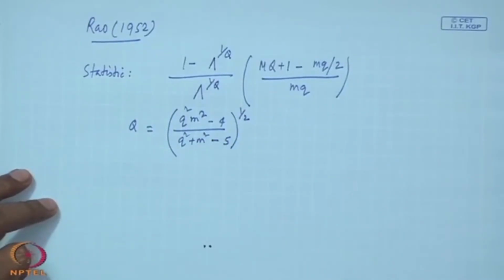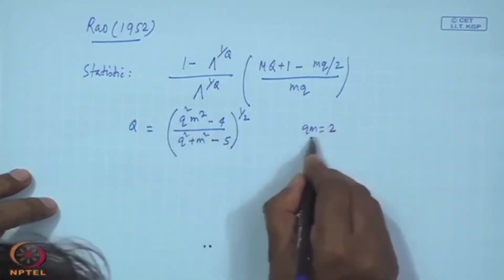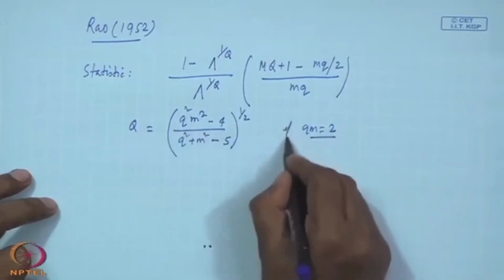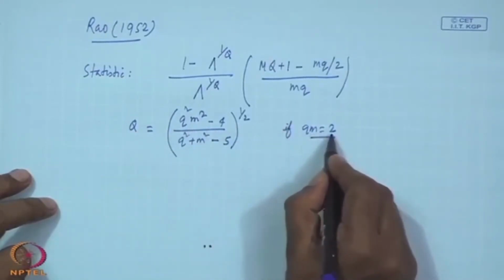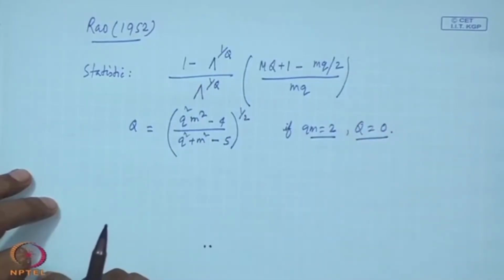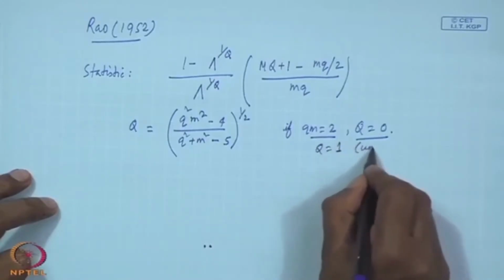This is given by Rao. Okay. So, please remember, if qm equal to 2, this quantity s becomes 0. If q into m equal to 2, then s equals 0. Under such condition, you have to consider s equal to 1, unity.